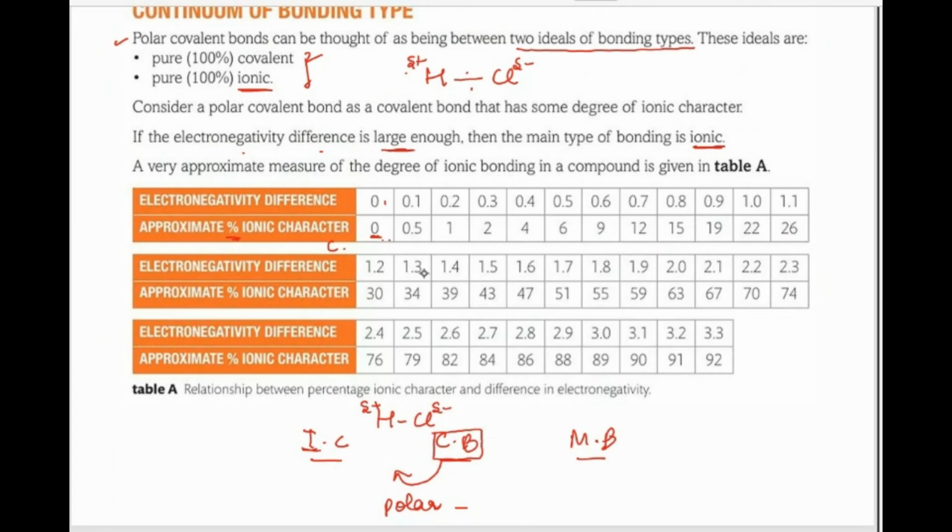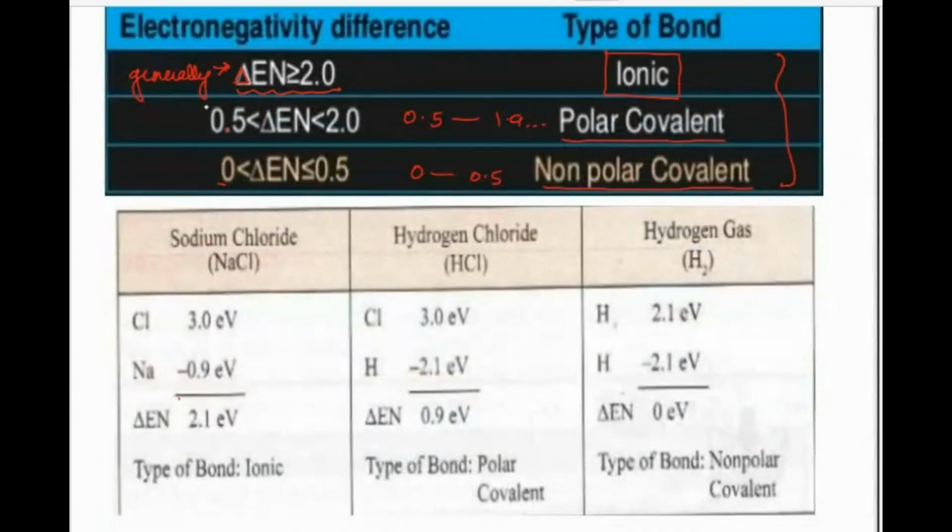As the electronegativity difference increases, the ionic character goes up to 63%, and when the difference is around 3, it has 89% ionic character. So this is data showing how the ionic character gradually increases, but we need to know the difference.